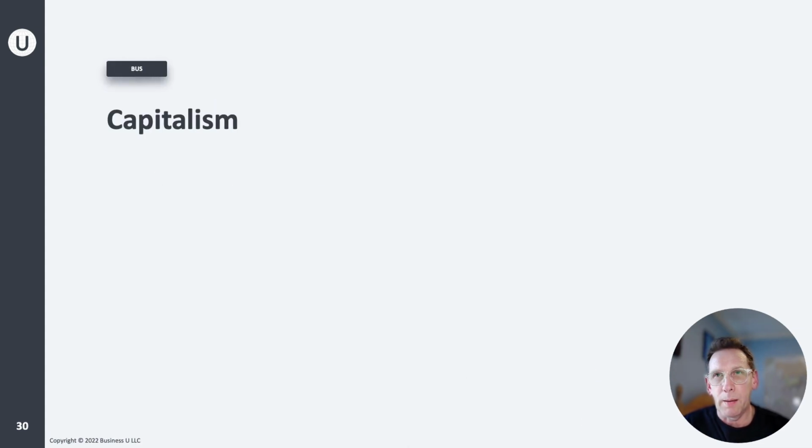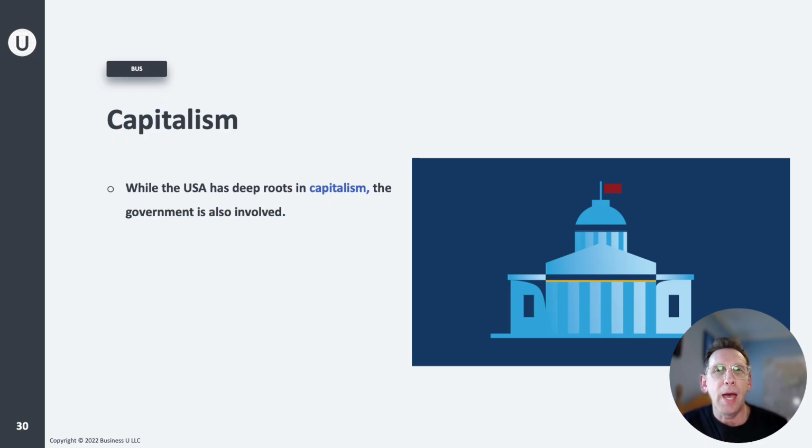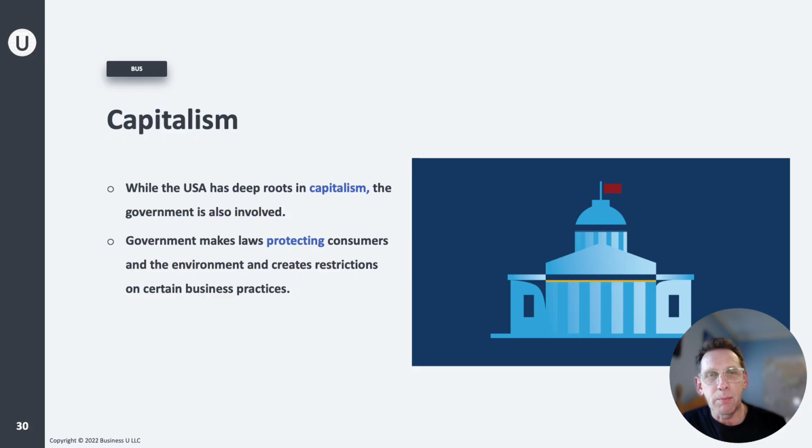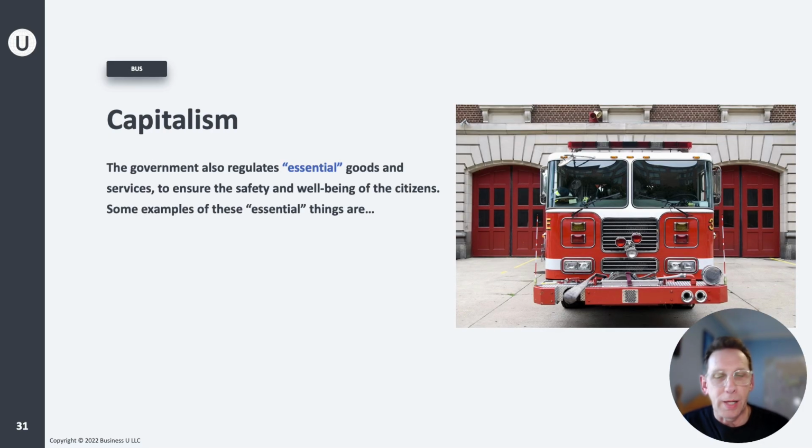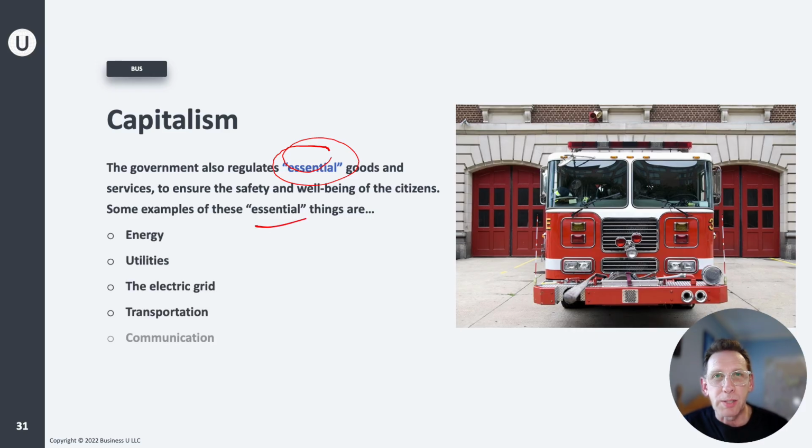Now, while the USA has deep roots in capitalism, the government is also involved because it makes laws that protect consumers and the environment and creates restrictions on certain business practices. Government also regulates what's considered essential goods and services to ensure the safety and well-being of citizens. Some examples are energy, utilities, the electric grid, transportation, communication, water, and emergency services.